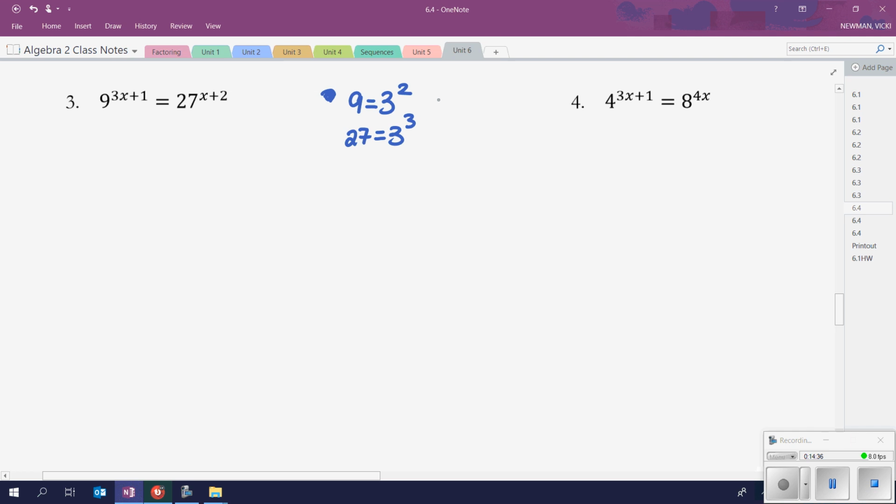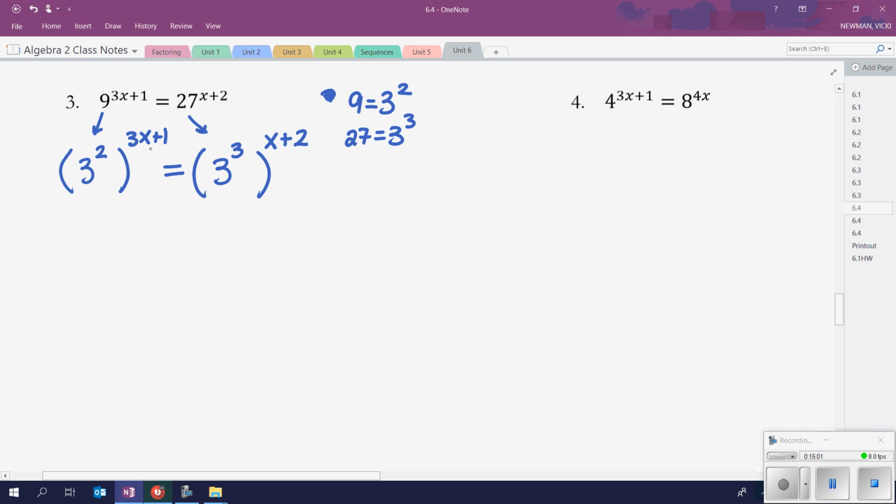We need a number with an exponent, not a multiplication. So we are going to replace 9, and we are going to replace 27 with base 3 representation. 9 is actually 3 squared. 27 is actually 3 cubed.